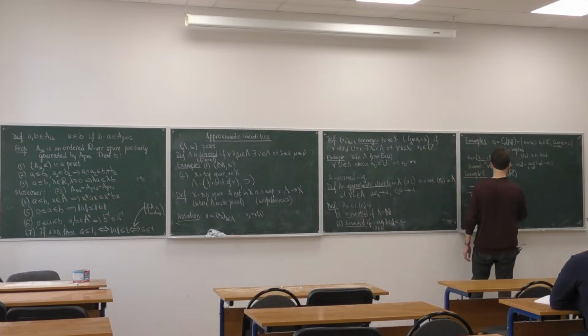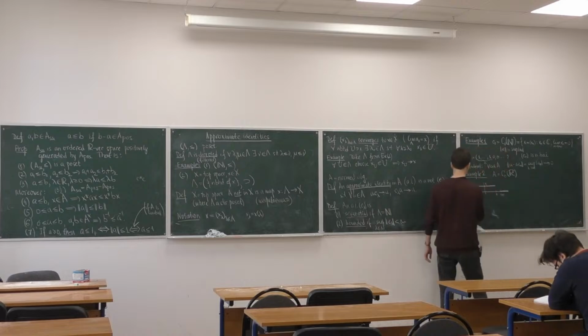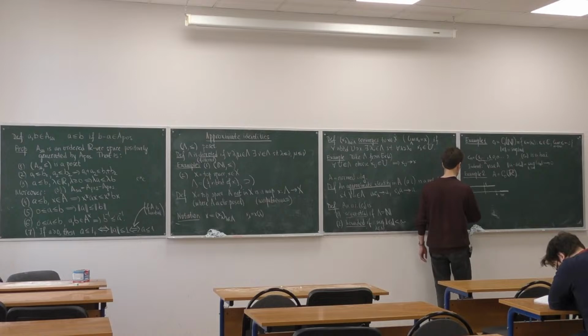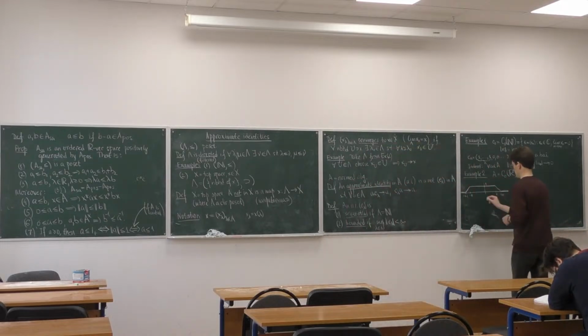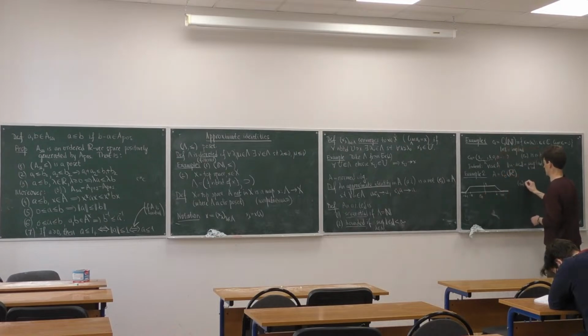It is identically 0 here and here. And it is somehow piecewise linear. So this is En, and it's a simple exercise to show that En is a bounded approximate identity in C0 of R. This follows basically by the same argument as here.